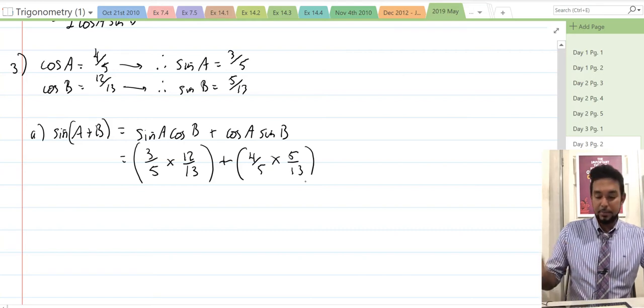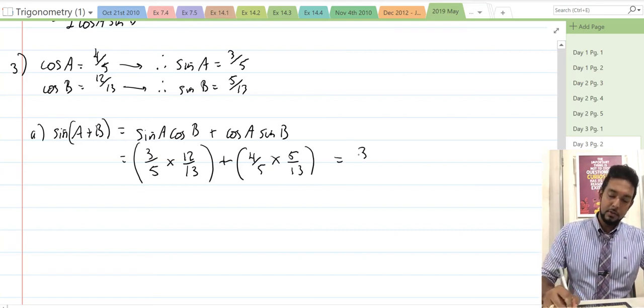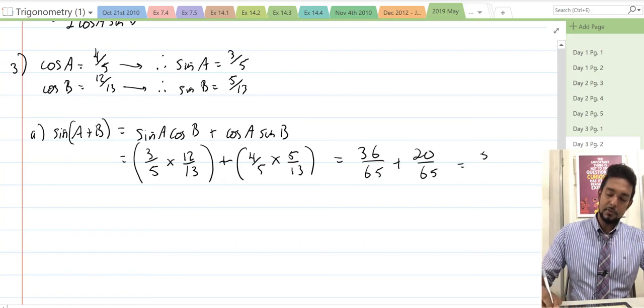Once again, I prefer not to cancel down. If you want to, that's fine. So we're going to end up with 36 over 65 plus 20 over 65, which gives us 56 over 65.